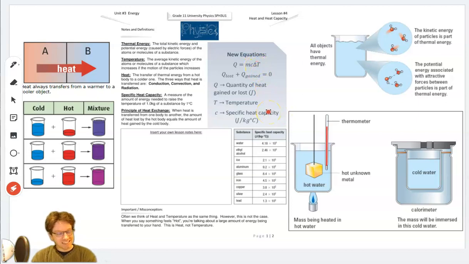Now delta T, it doesn't really matter if you use Celsius or Kelvin, because 1 degree Celsius is equivalent to 1 Kelvin. Well, I should say the change in 1 degree Celsius is equivalent to 1 Kelvin. So what do I mean by that? Well, we all know that minus 273 degrees Celsius is 0 Kelvin. If you go up by 1 degree Celsius to minus 272, you're at exactly 1 Kelvin.